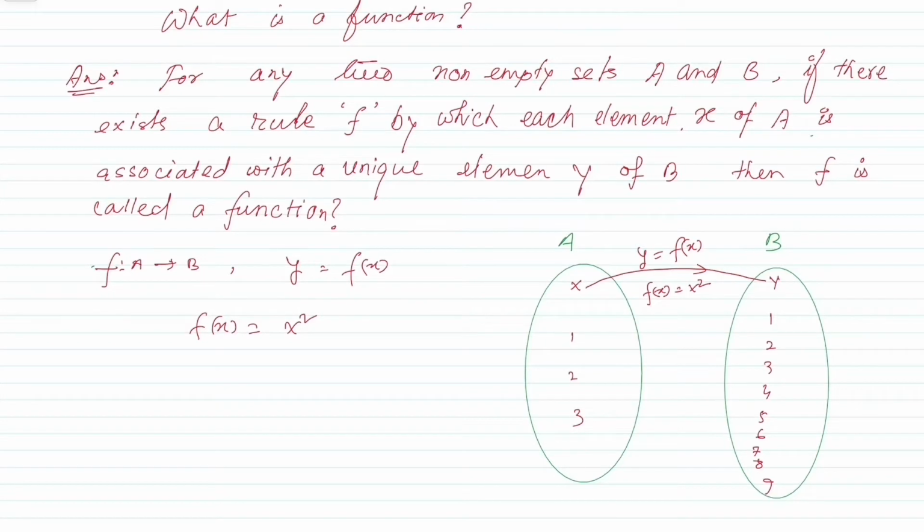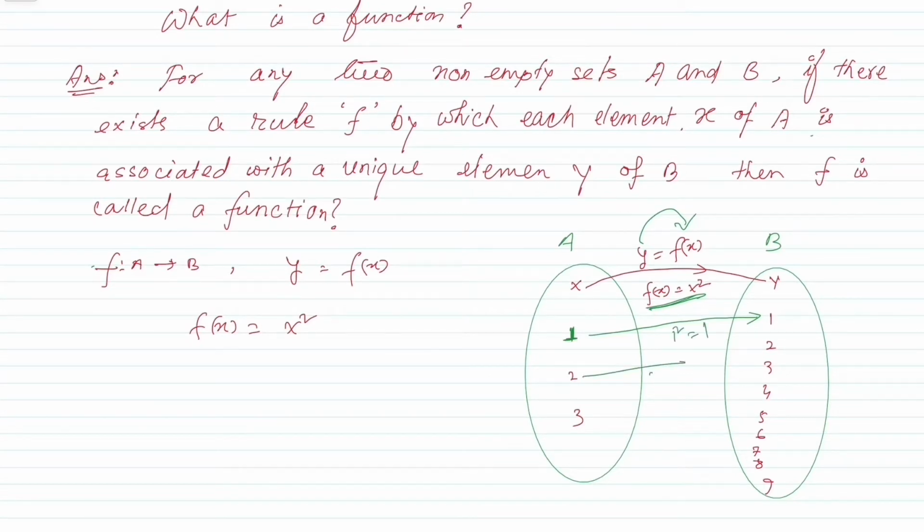According to this rule, f of X is equal to X square and y is equal to f of X. Then this element 1 of set A must be associated with 1 of set B, because 1 square is equal to 1.